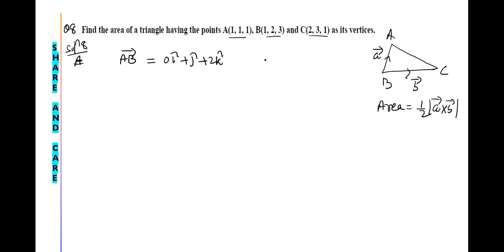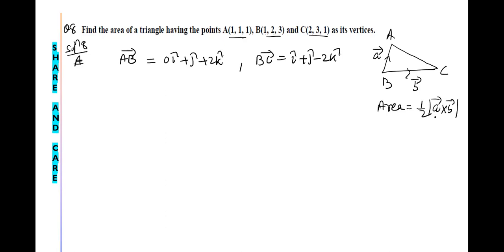This is your AB vector. So what is the BC vector? 2 minus 1, into i cap, 3 minus 2, 1, j cap, then 1 minus 3, minus 2k cap.